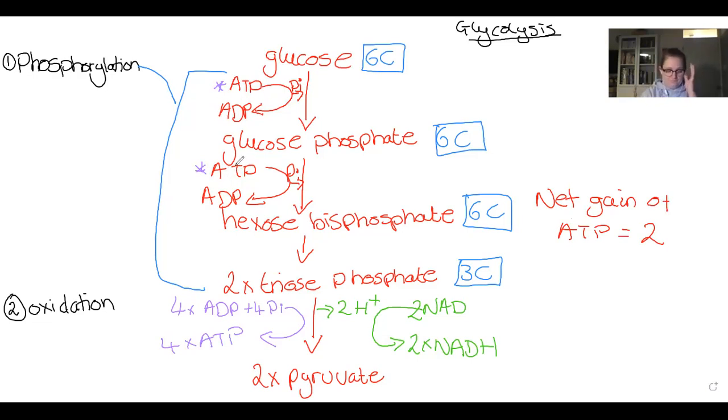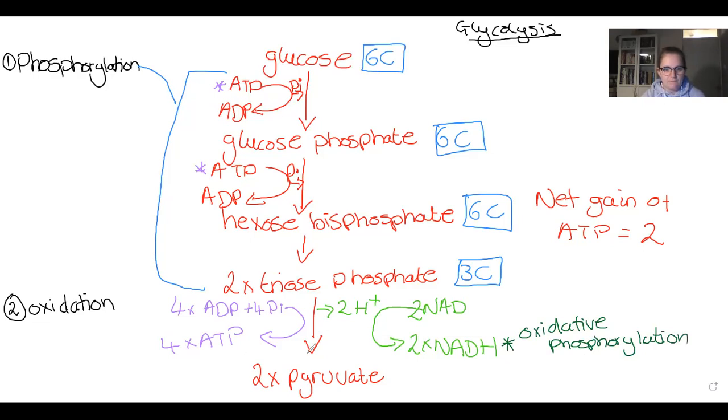So if we carried on with aerobic respiration, our NADH that we've made is going to be used later in oxidative phosphorylation. That's going to be used later in that.